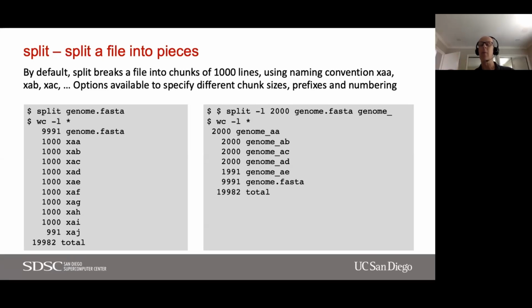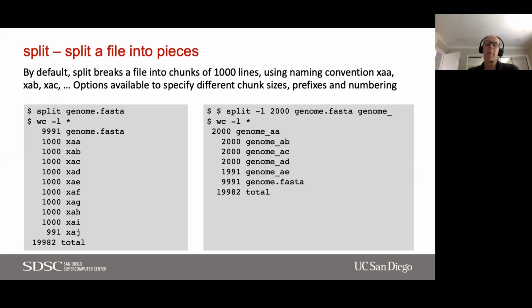When we get through to the Z's, xaz, the next file I believe will be xba, xbb, xbc. I don't know what happens if you have more than 26 squared files, but I believe that split will handle it appropriately.